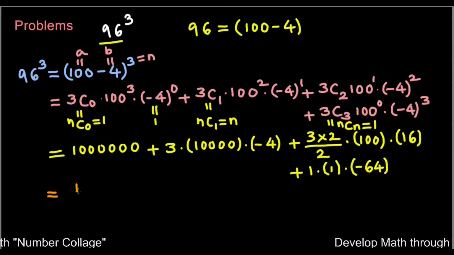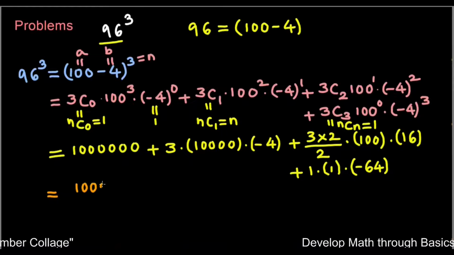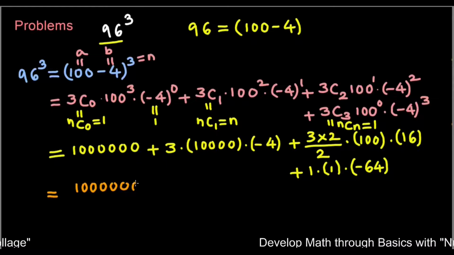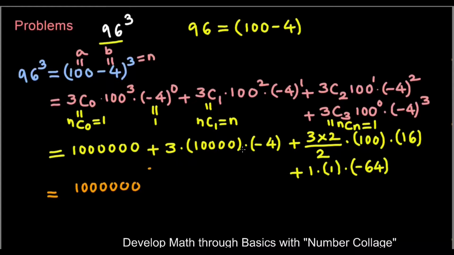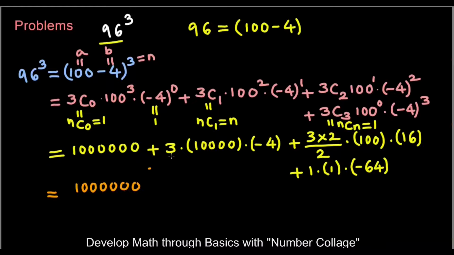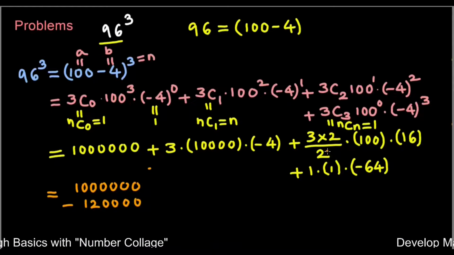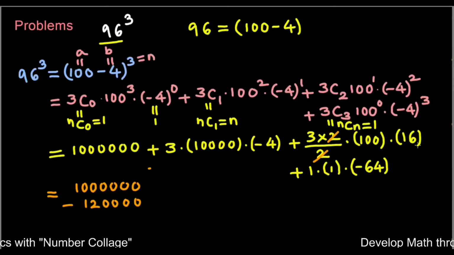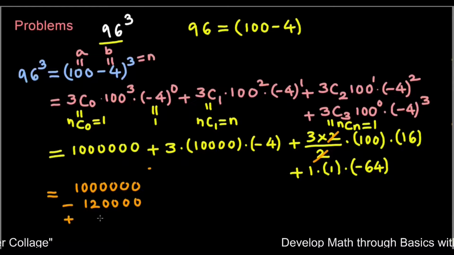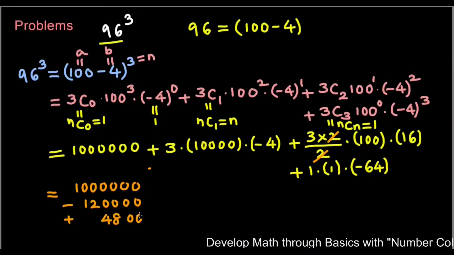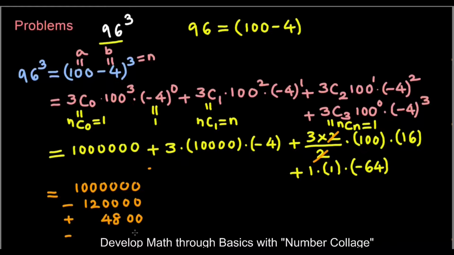Next it will be 1,000,000. This will be 4 threes are 12, minus 12. This 2 cancels with this 2. 16 threes are 48. So that will be plus 4800, minus this 64.